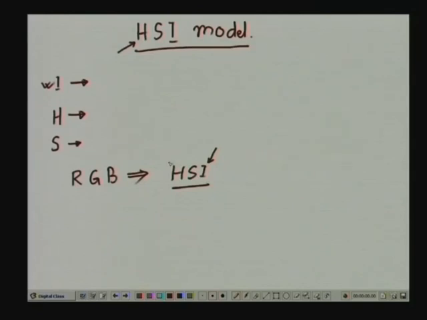I gives you the intensity information, whereas H and S, the hue and saturation together, give you the chromatic information. As we can decouple the chromatic information from the intensity information, many of the image processing algorithms developed for black and white or grayscale images can be applied to images specified in HSI space. So, conversion of an image from the RGB space to HSI space is very important.